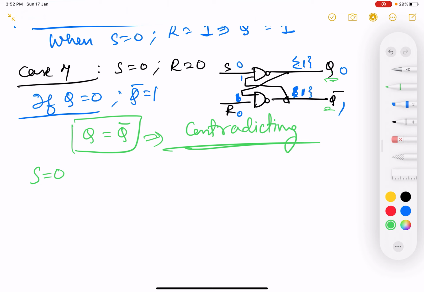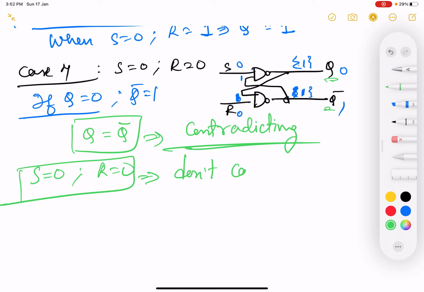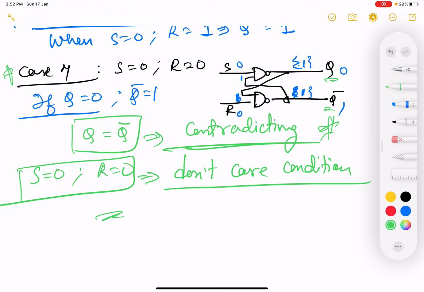Hence we can conclude that S equal to 0, R equal to 0 is a don't care condition. We don't use this condition in the working of SR latch, as this contradicts our logic. Okay, this is important that we don't use this condition.